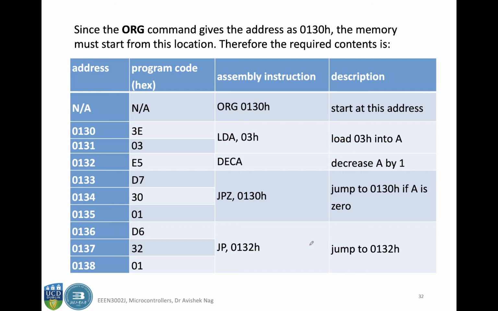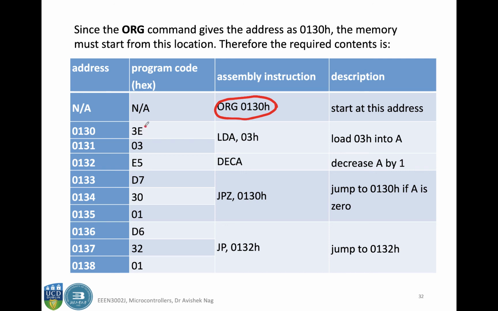So therefore, let's say your assembler directive ORG was saying that your program is starting from 0130. Okay, so this is the first line of your code. So load A 03H is the first line.